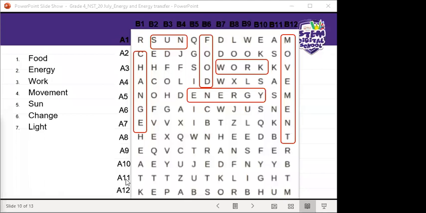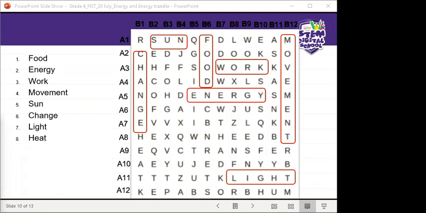Okay, so if something is not dark, then it is light. Yes, ma'am. All right, Dane, thank you very much. Okay, so let's see. Yes, and that is correct. That is where we find light. Okay, and heat is the next word that we are looking for.